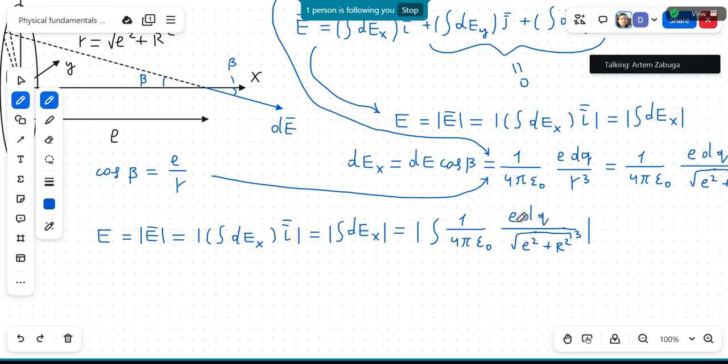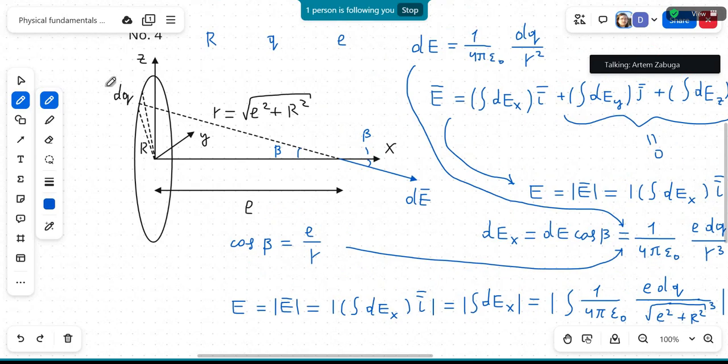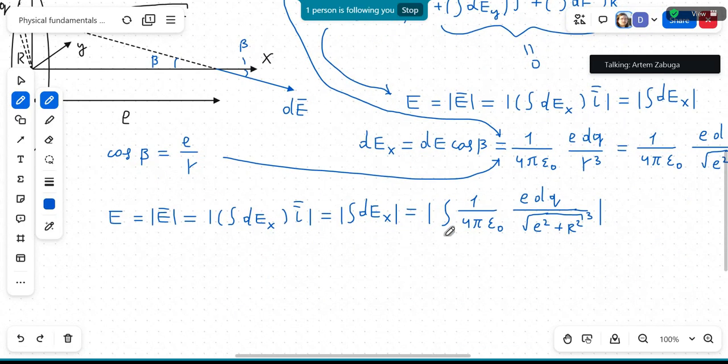Here we have to add all charges dq, and if we add all of them, we will get charge q, charge of the whole ring. So integral limits will be from 0 to q.